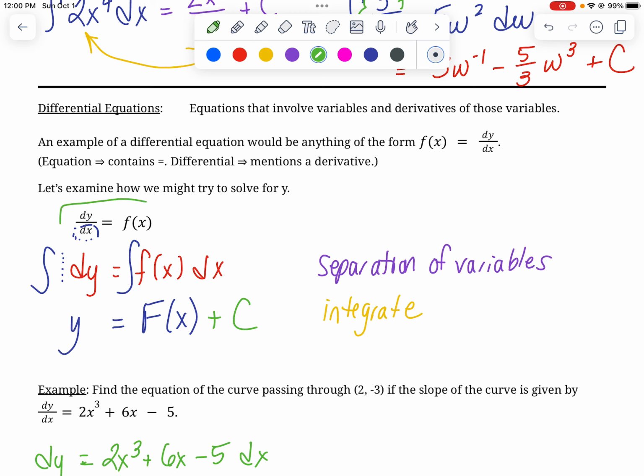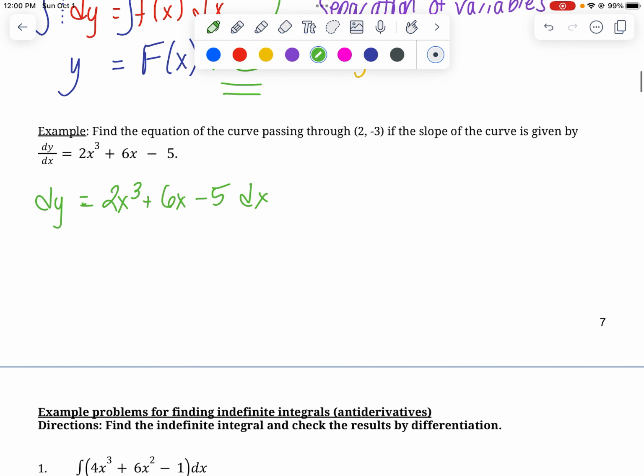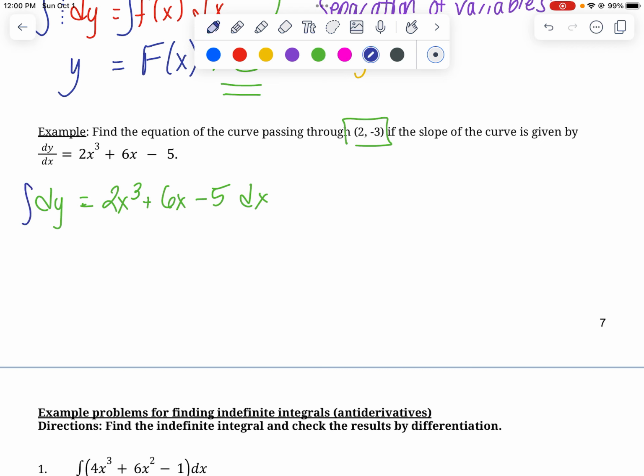If we start out with a differential equation, we're going to end up with something that's the antiderivative of this with a constant. So here, we start out, we have this differential equation, and it says our solution curve goes through (2, -3). So first step, separate. Second step, integrate.